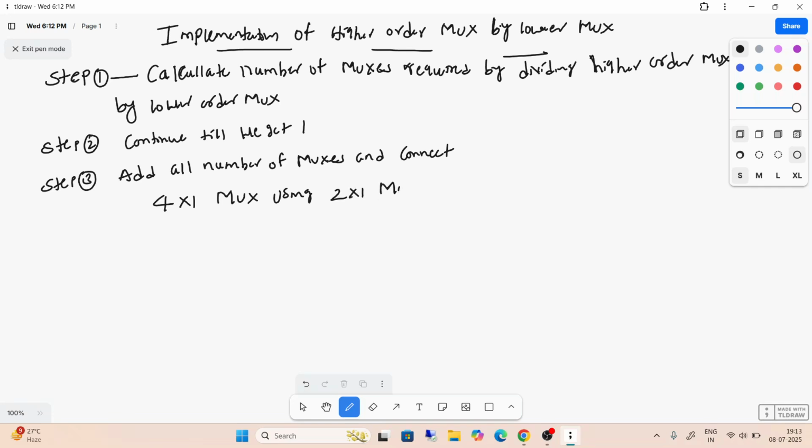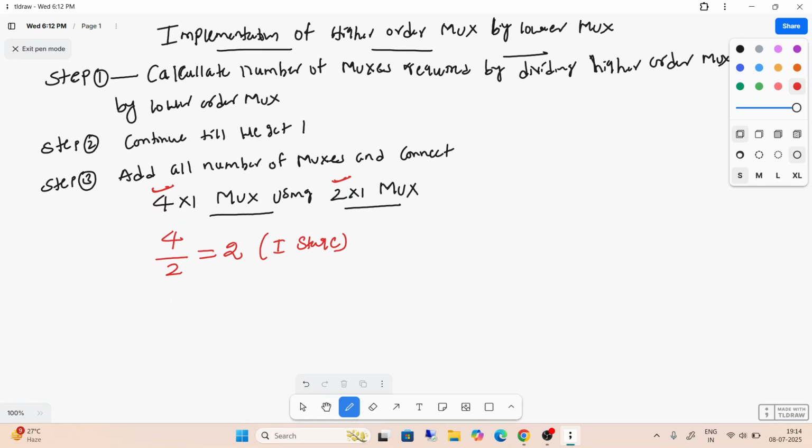So how to implement? Step 1, calculate the number of muxes required by dividing higher order mux by lower order mux. The higher order mux is 4 and the lower order mux is 2, so 4 divided by 2 equals 2. This is the first stage, and 2 muxes are required.